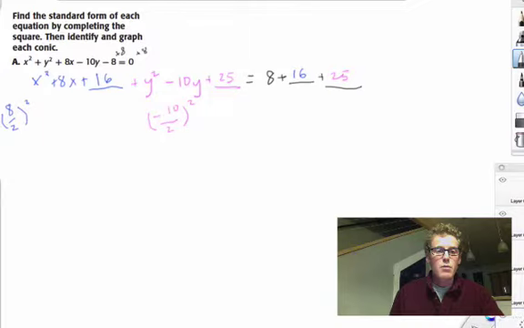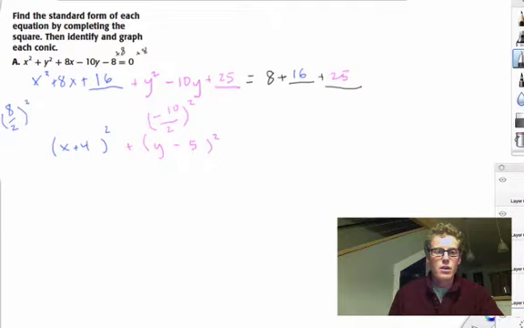Okay, and then in blue, what happens here is my perfect square now is quantity squared of x plus 4. Great. And then in magenta or pink, I got the other one, which is plus, and then the quantity squared of y, what's that going to be? Y minus 5 squared.